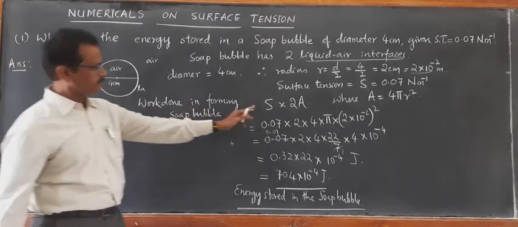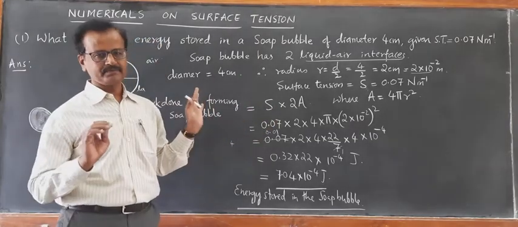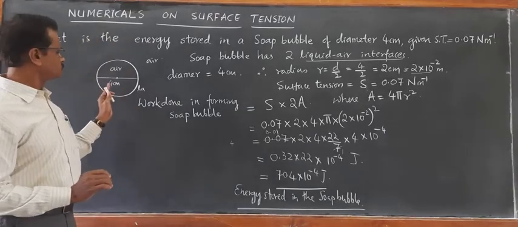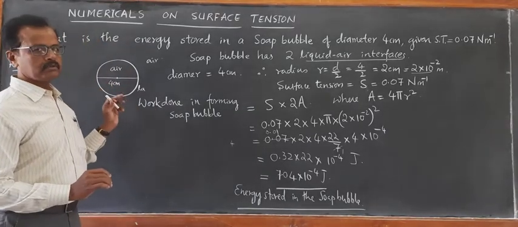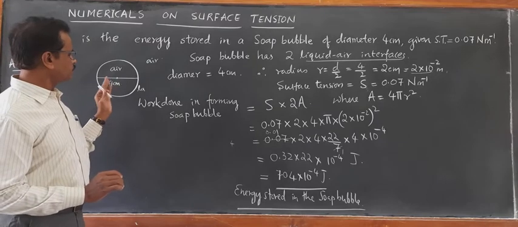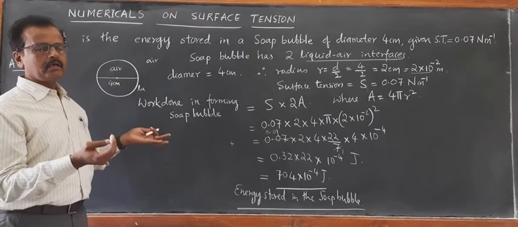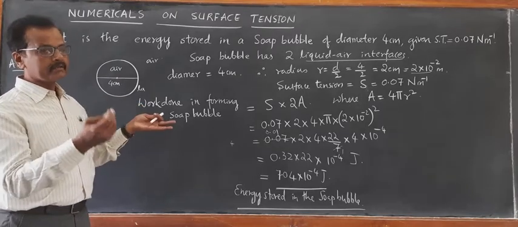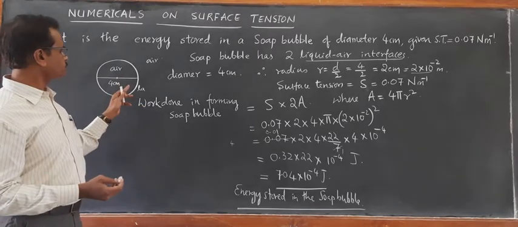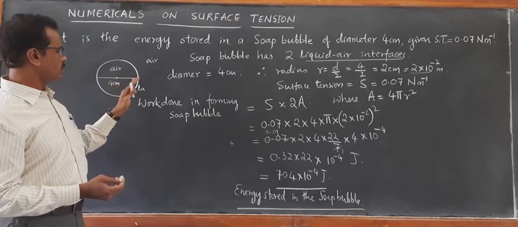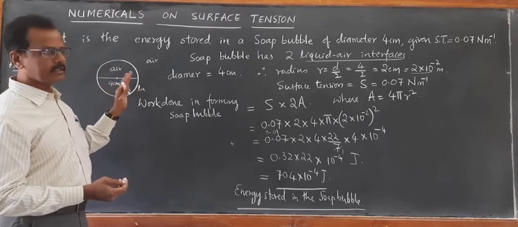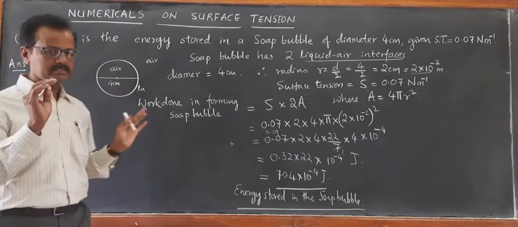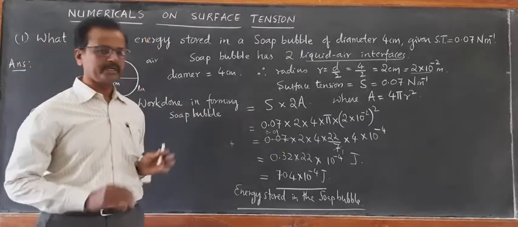In that case, it becomes S into A itself. Since it is a soap bubble, or any liquid bubble in air, a soap bubble or water bubble, then it will have two interfaces. This you should remember. That's how you will be able to calculate.